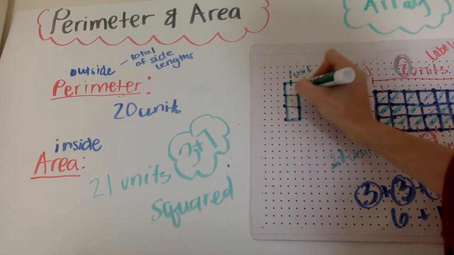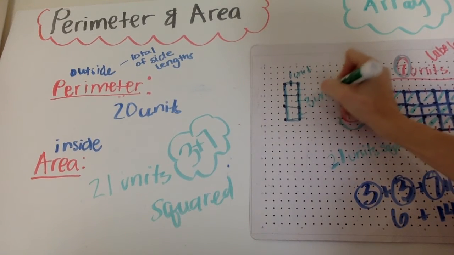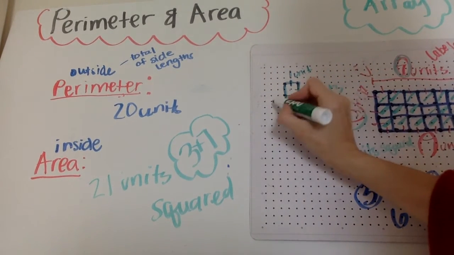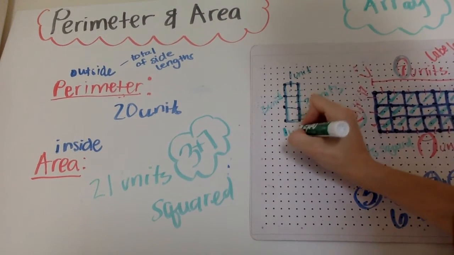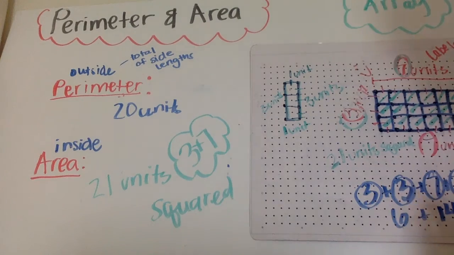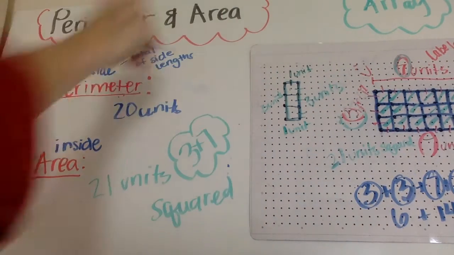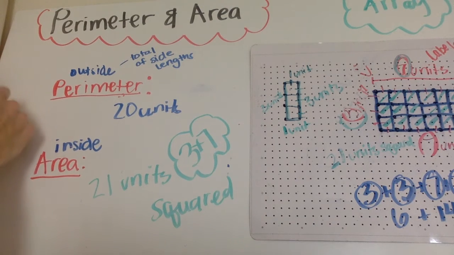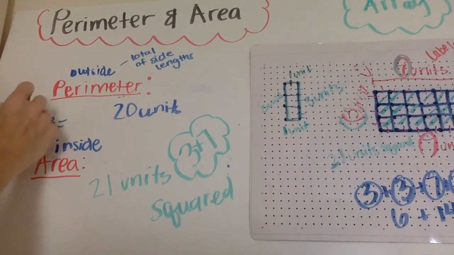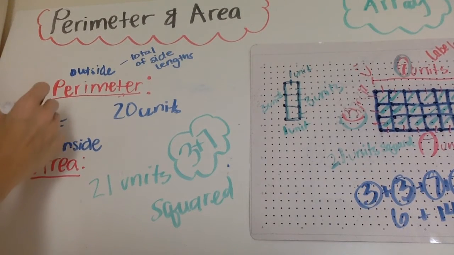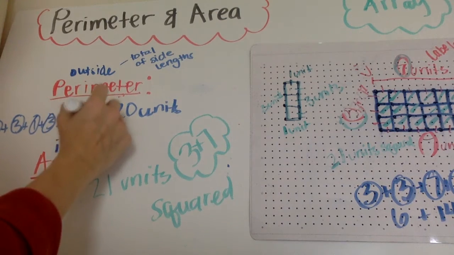And right here, we have 1, 2, 3. 3 units. So this side is also 3 units. And this side is 1 unit. So to find the perimeter, we're going to add 1 plus 3 plus 1 plus 3. 1 plus 1 is 2, plus 3 is 5, 5 plus 3 is 8. Double check my math, 8 units.